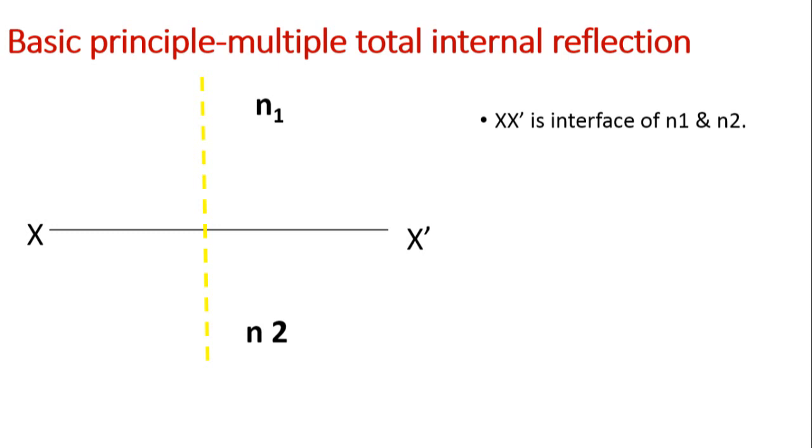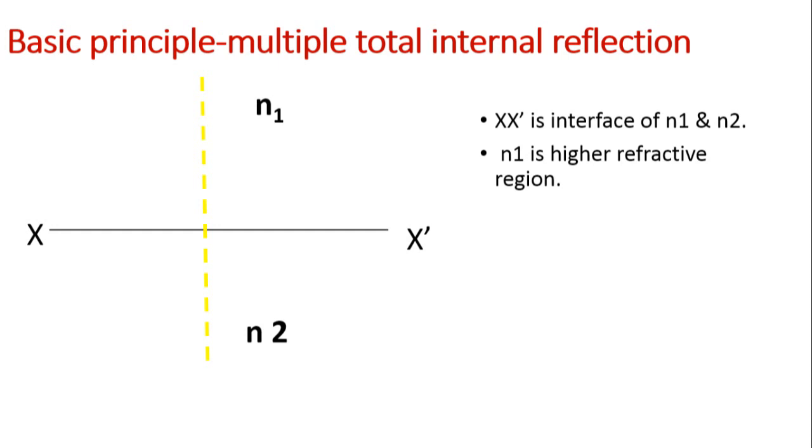Interface means both have a common boundary, something like a common wall in between two houses. The x dash is the interface region. n1 and n2 are the two refractive index regions. The refractive index of n1 is slightly greater than n2. So you can take n1 as the core and n2 as the cladding. The separation region is x dash.